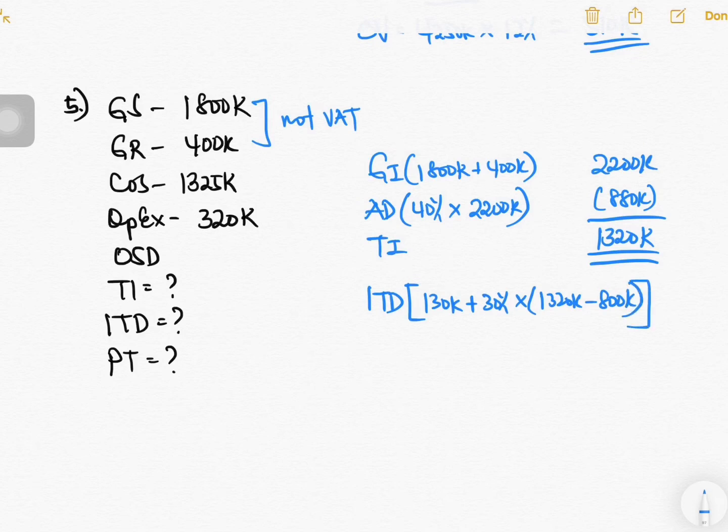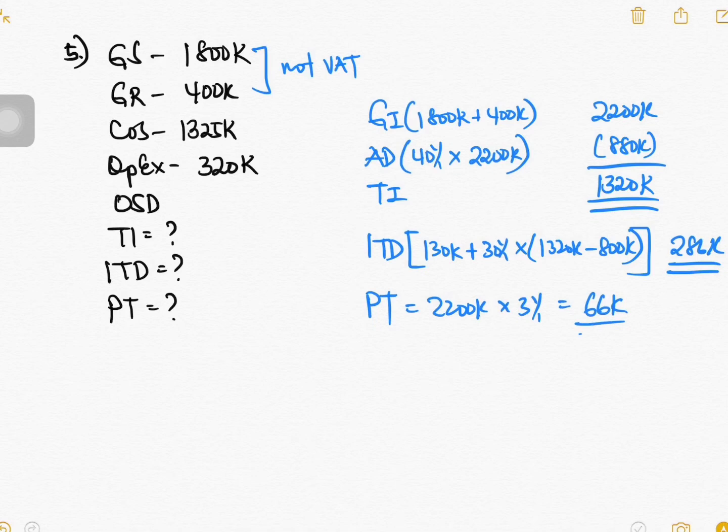And that's 286,000. How about the percentage tax? Just get the sum of the two. 2.2 million times 3%. This is 66k. And that's it.